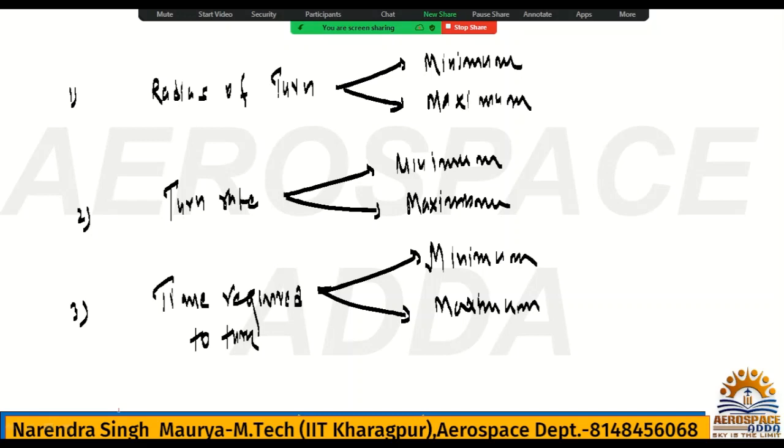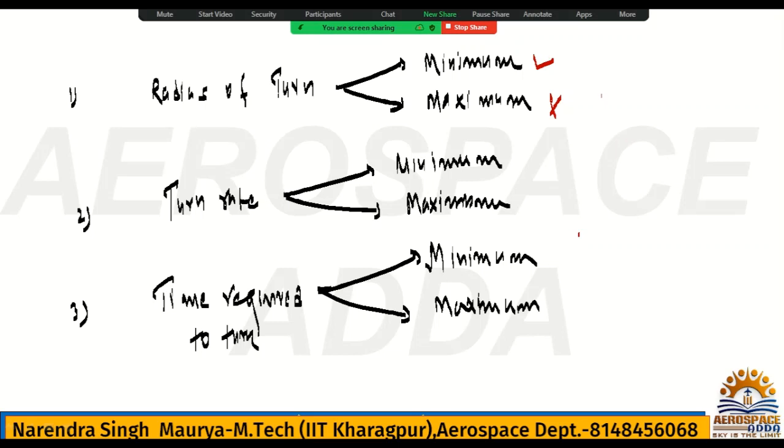If you are turning your bike or cycle or car, and that turning distance is less, then it is fine for you. If the radius of the turning is less, then very fast you can turn. Or you can say the time taken for the turning will be less. Radius of turn should not be maximum, it should be minimum, right?